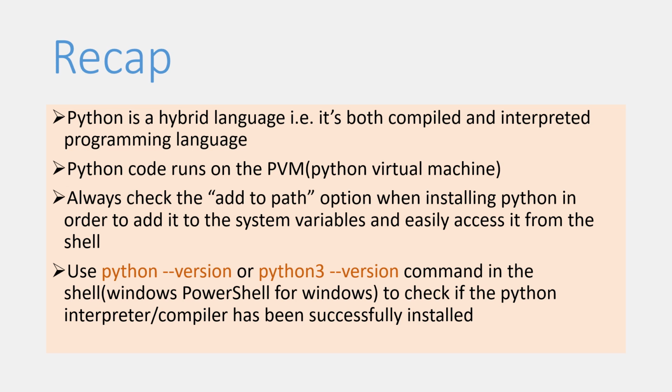I want to emphasize that the space after python and the double hyphen version are separate. So it's python, space, --version, or python3 --version, in the shell. If you're using Windows, that is Windows PowerShell, to check if the Python interpreter or compiler has been successfully installed. All these things that I've shown you are all you need to install Python.